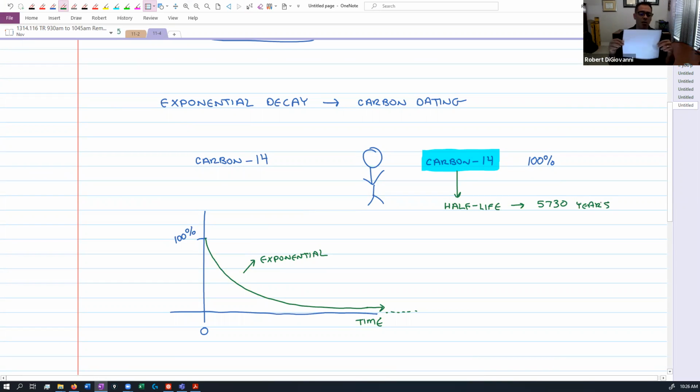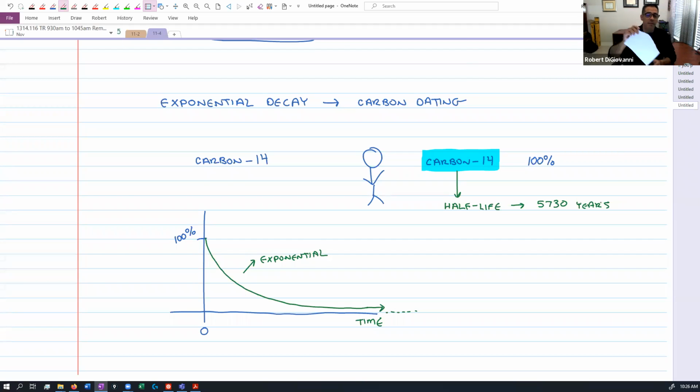If this is all the carbon-14 in my body, when I die, this is all of it, then in 5,730 years, half of it will have decayed and gone away. It took 5,730 years for that to happen.